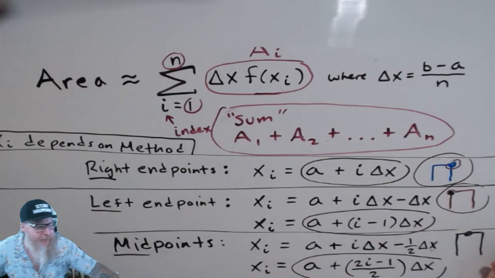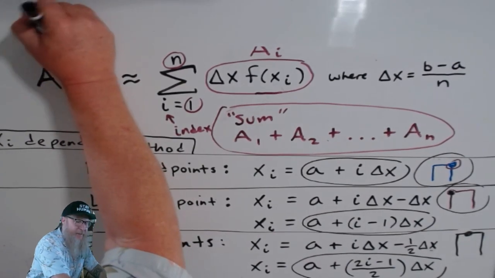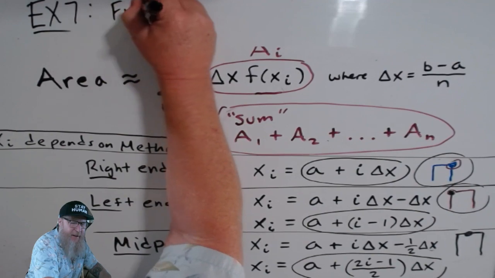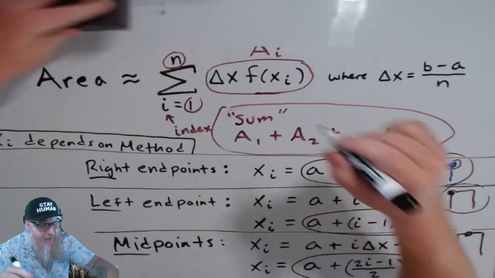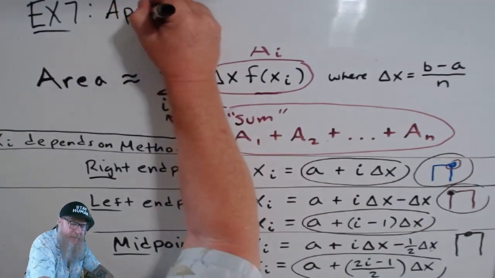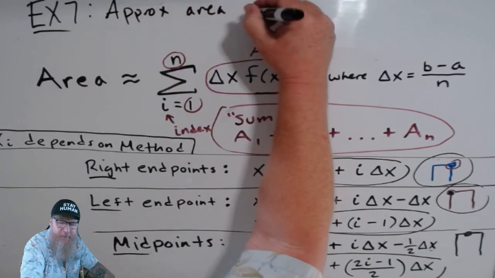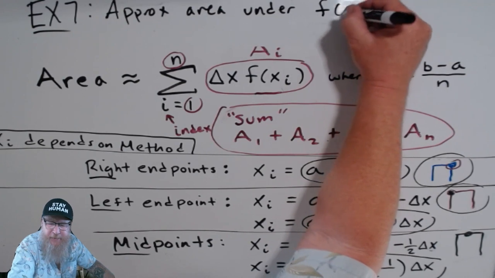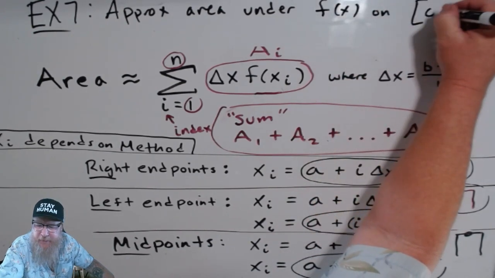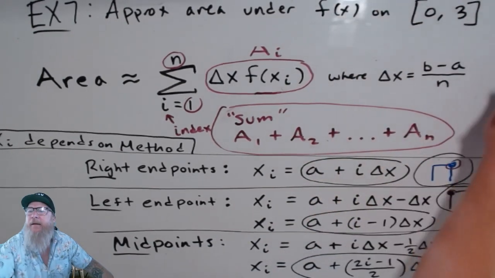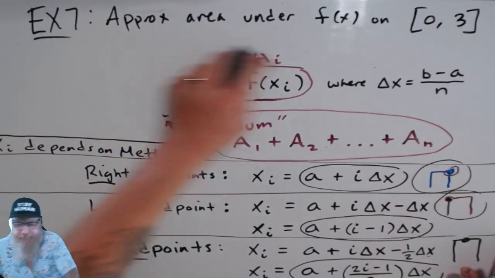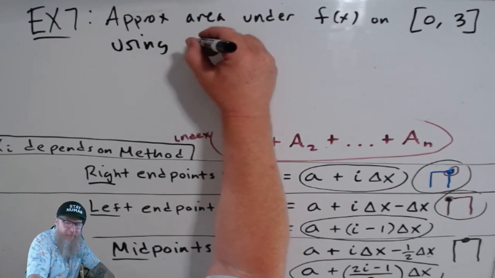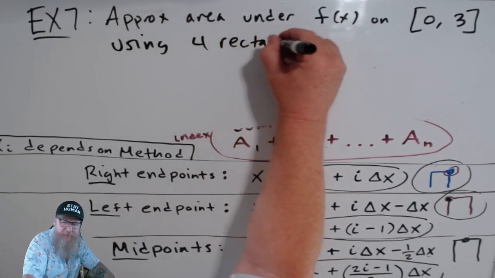So example 7. Find the area, or approximate the area, under the curve f of x on the interval 0 to 3 using 4 rectangles.